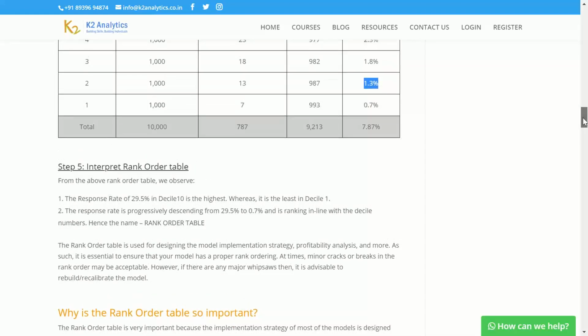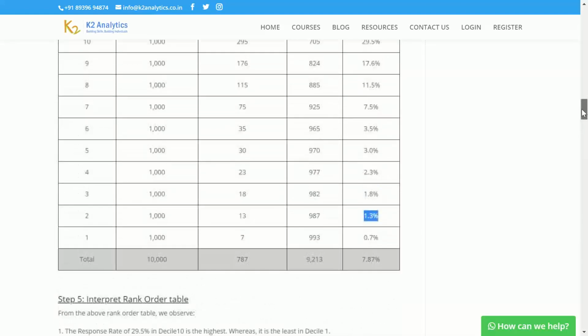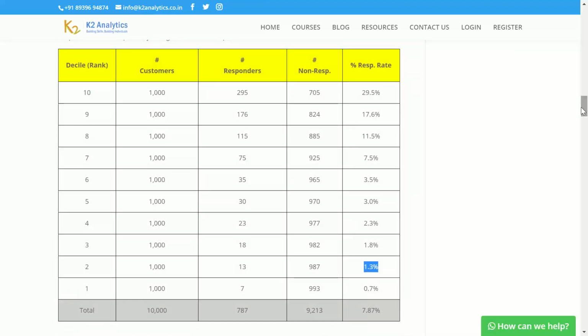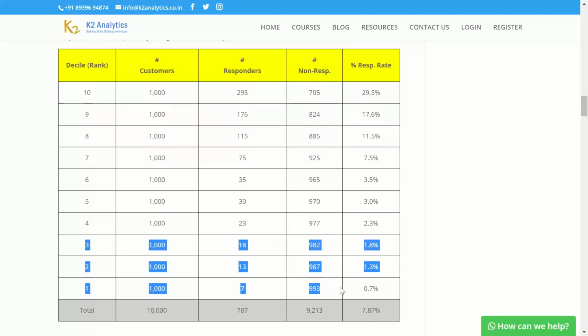For example, here it is 1.8 and 1.9. It's okay. Why is it okay? Because when you create your deployment strategy from a marketing standpoint, your interest would be more in the top deciles. And anyway, from a marketing standpoint, you may not want to target low response segments. So in that scenario, you may ignore the crack.